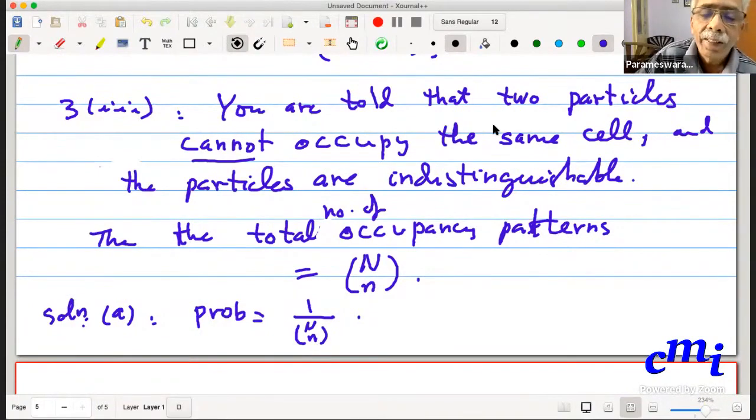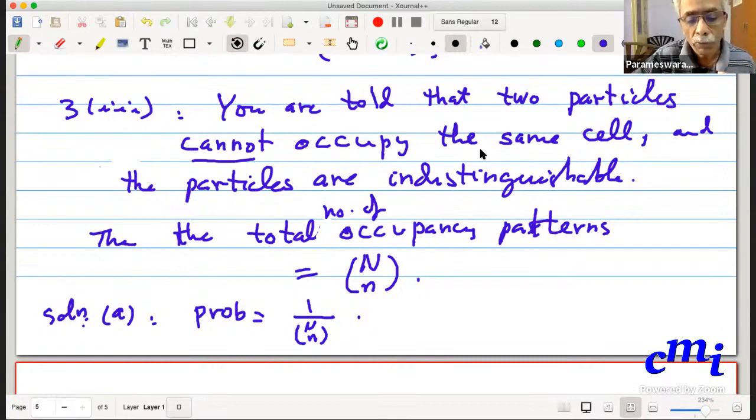Nevertheless, Pauli's exclusion principle comes into the picture here, and that tells you two particles cannot occupy the same state. Probability theory is a way of reasoning based on given knowledge.